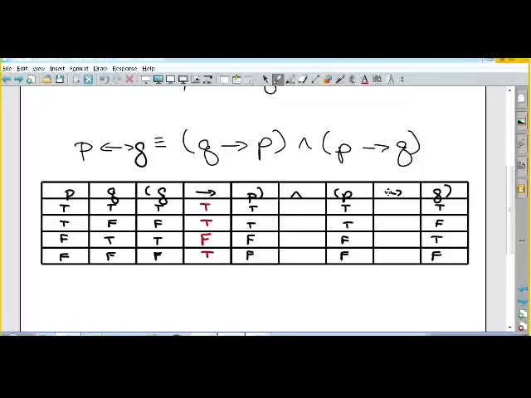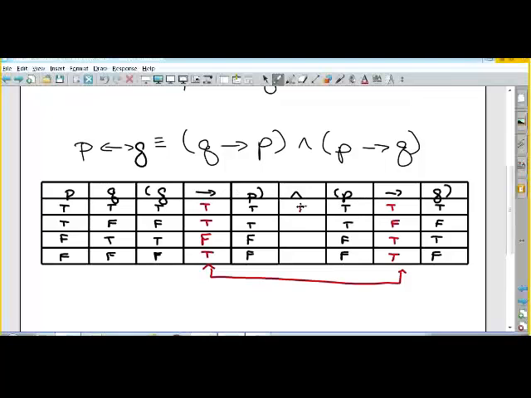You do the same thing over here. The only time an if-then statement is false is if the first one is true and the second one is false. So that one is the false one, and the other three are true. Then we compare these two, which are the results of the left-hand side and the right-hand side, and we use the rules for the and statement, which says that the and is true only if they're both true.